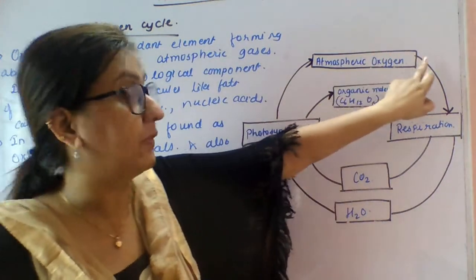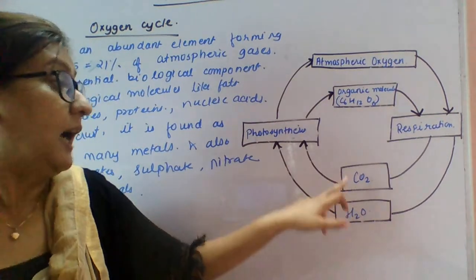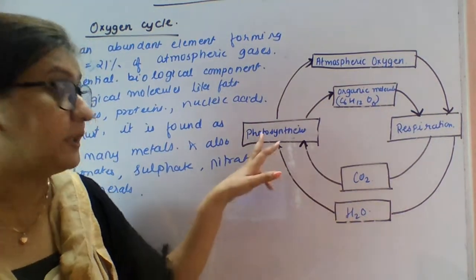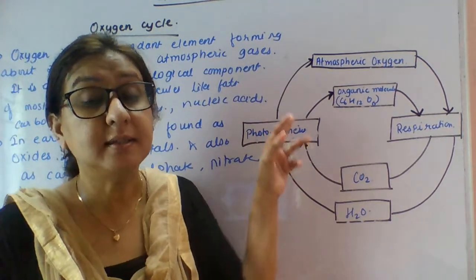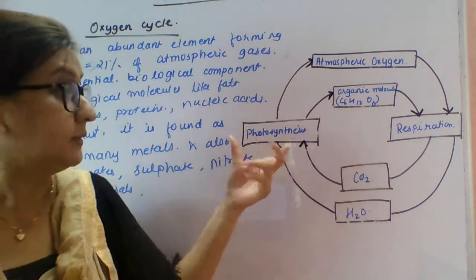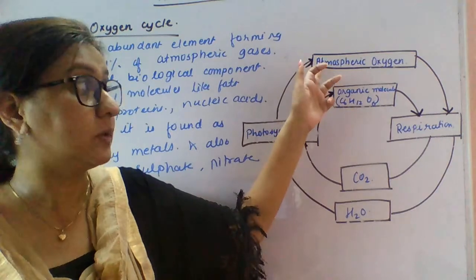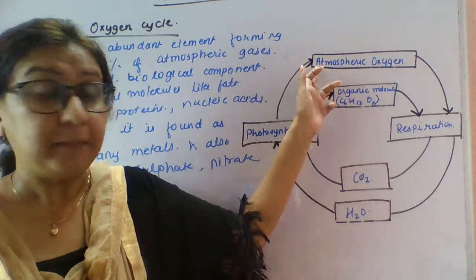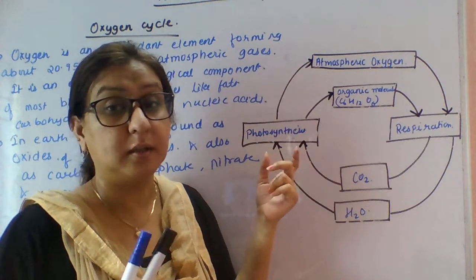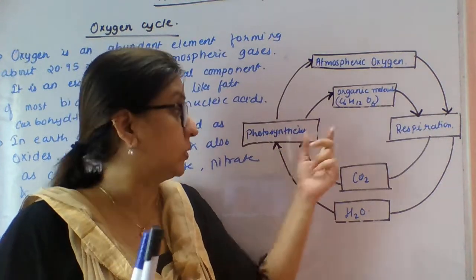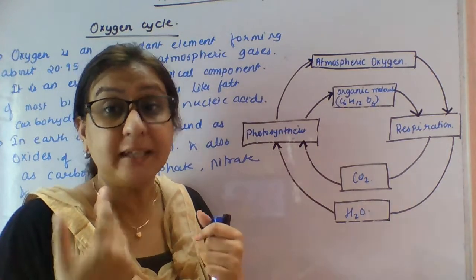Again you can see the atmospheric oxygen in the combined state forming water, and now the CO2 and H2O are used in photosynthesis. During photosynthesis, plants liberate oxygen, and it gets back to the atmosphere as well. This oxygen is then inhaled by us.